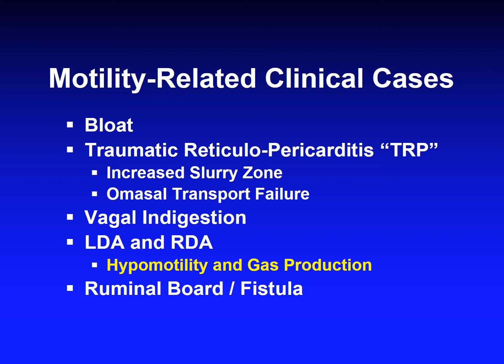volatile fatty acids. Another case is left dorsal displacement of the abomasum and right dorsal displacement of the abomasum. As I mentioned earlier in the very first part of the previous lecture, the abomasum is where the enzymatic digestion takes place.